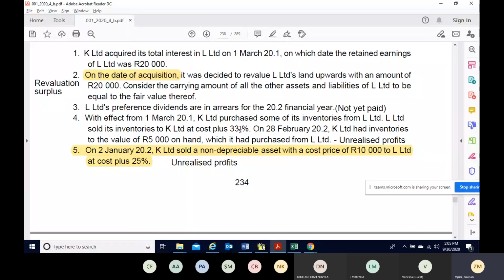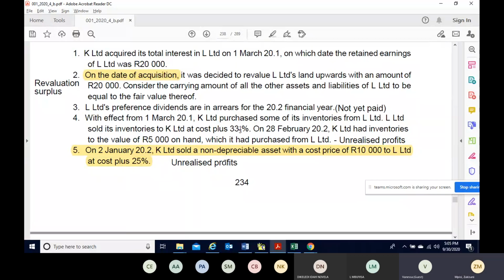You're saying you can follow the unrealized profit that was calculated. Yes, I understand. You took the 10,000 and multiplied it by 25%, which gives you 2,500.